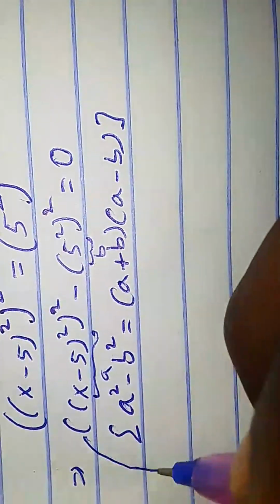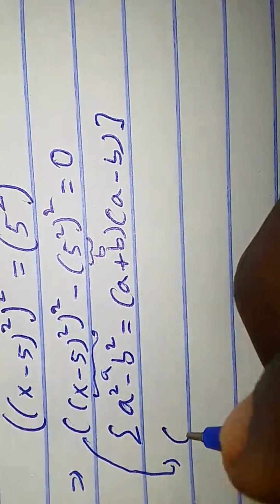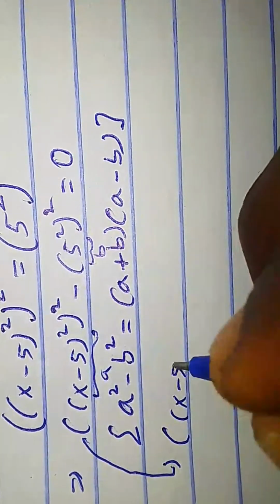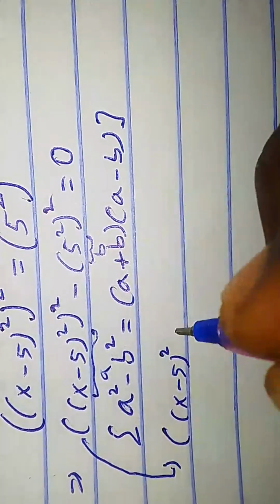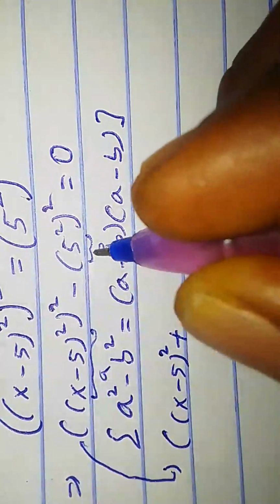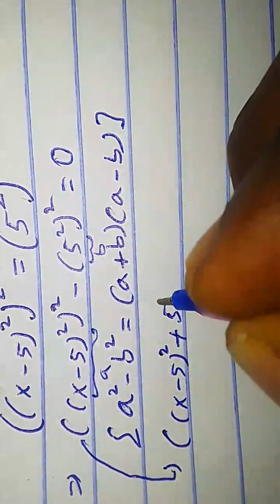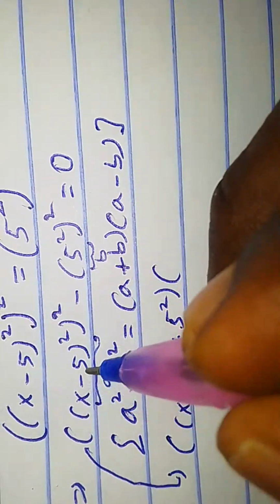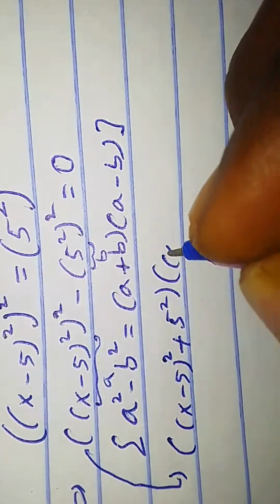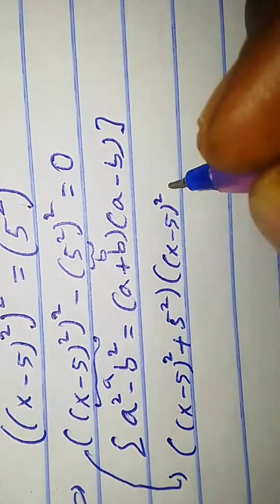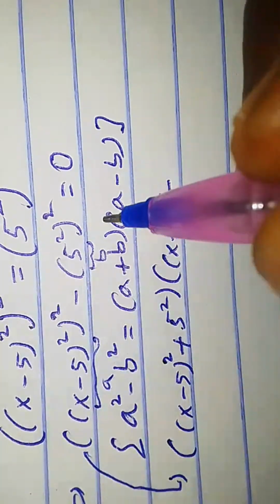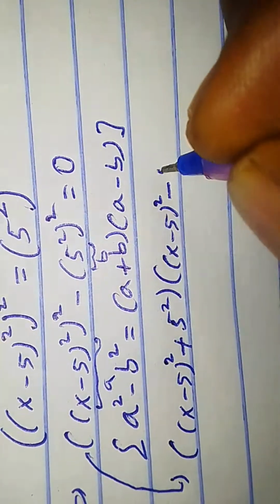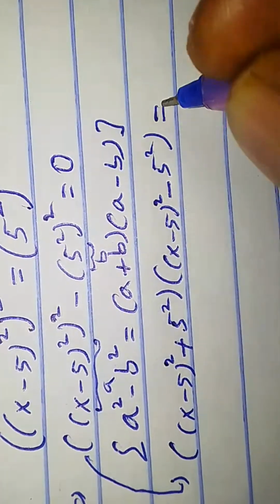That means from this line we are going to have ((x − 5)^2 + 5^2)((x − 5)^2 − 5^2) = 0. Let's proceed further.